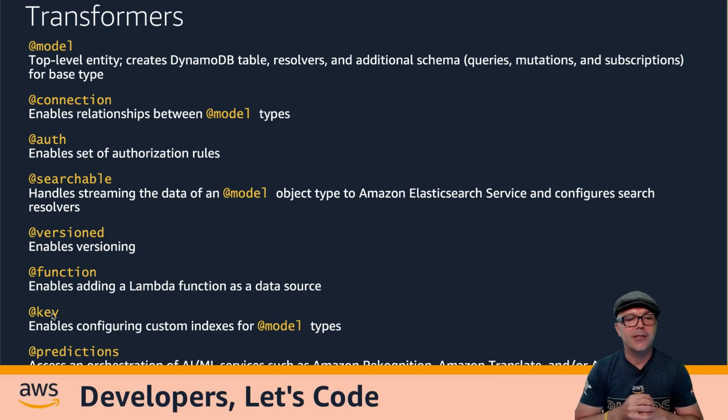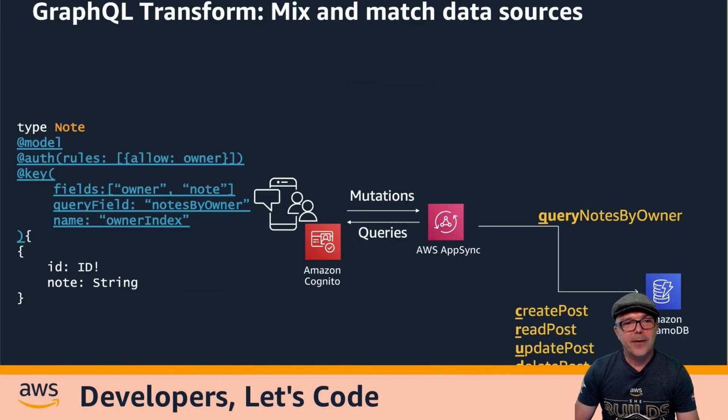The key transformer is a way we can build out new indexes within Dynamo, so we can start building what we want to search on. For this, I'm going to add a key to my field called owner. The query itself will be called notesByOwner, and it will pull back all the queries really fast. This is how we're going to define that search, and we're going to use it as a secondary index.